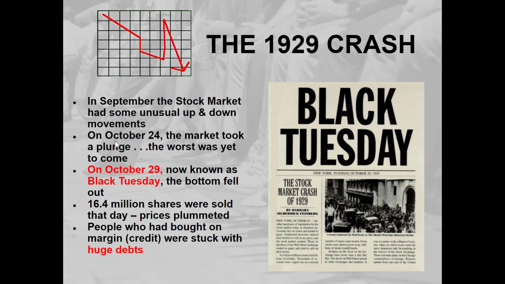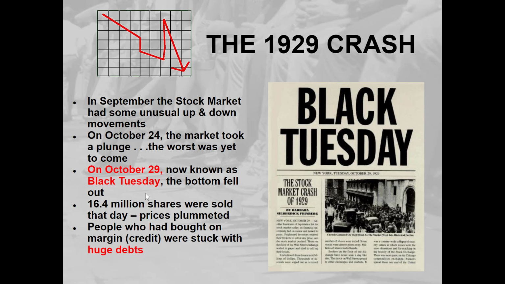What happened was this. On October 24th, the market takes a plunge. Basically, when that happens, people just start to sell. They start to sell like crazy. They're worried about their money. Remember, when you buy stocks, you're basically making an investment in that company. And so when people start to get nervous about the economy, they start to sell, trying to get their money back from their investments.